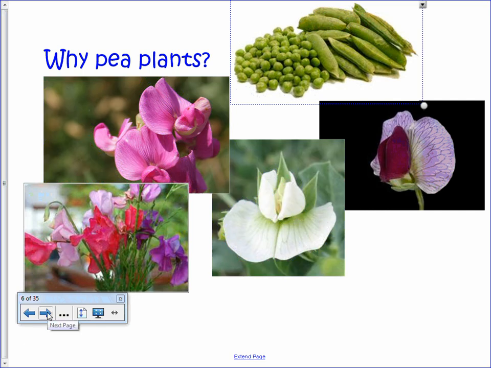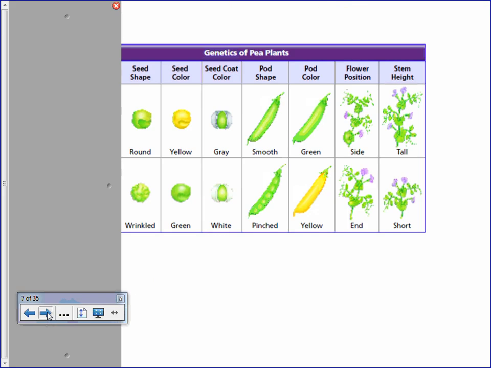And so they were very observable traits. These are some of the traits he looked at. The seeds were round or wrinkled. The seeds were yellow or green. The seed coat, the pod shape, the pod color, the flower position, the stem height, tall and short. So they were all very distinctive things that he could see generation after generation.